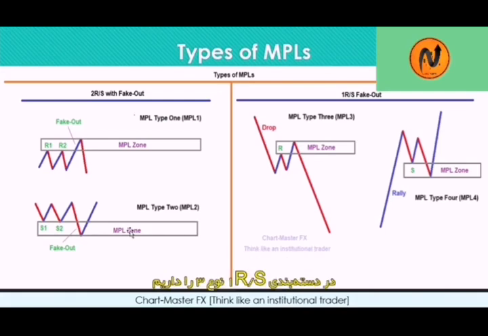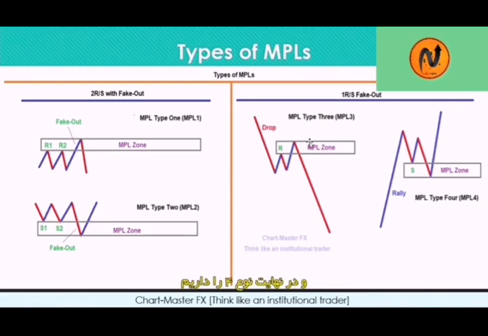And for the 1 RS, we have type 3, where the price is dropping. And as the price is dropping, we can see that there is a high that is formed there, and we see the break of the high. So now the price is creating a new higher high. Once we have those conditions, we can draw our MPL zone.